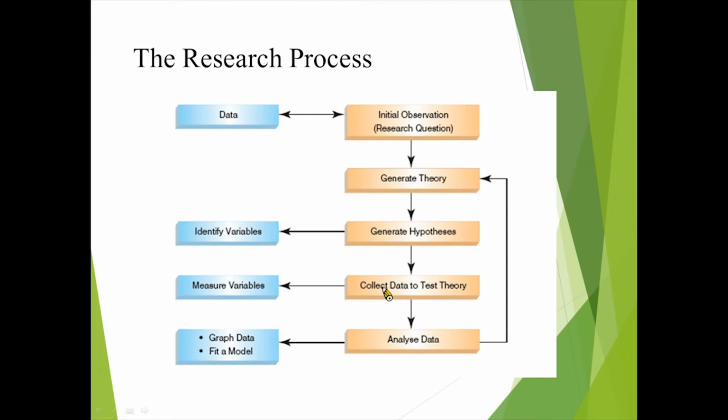You collect the data and test your theory. The final step, you need to analyze the data. This is important. When you analyze data, you can have a graph, and maybe some chart or some table. I will cover this kind of topic in a later class. So this is the whole process when you do quantitative research.